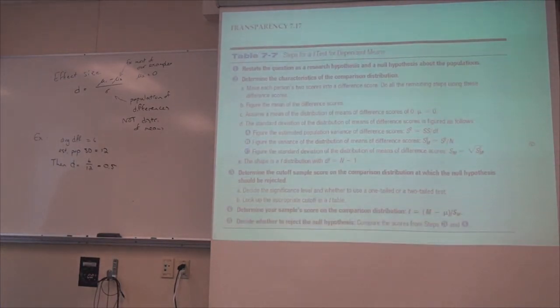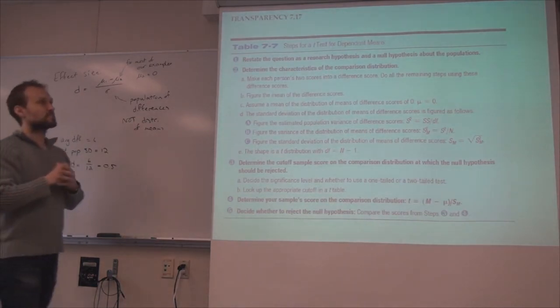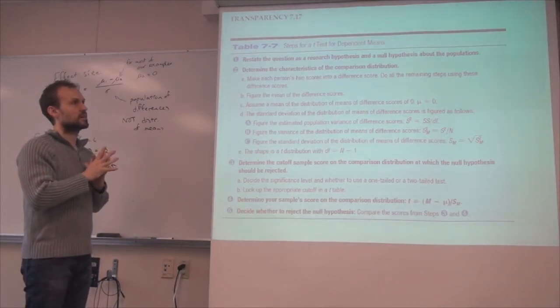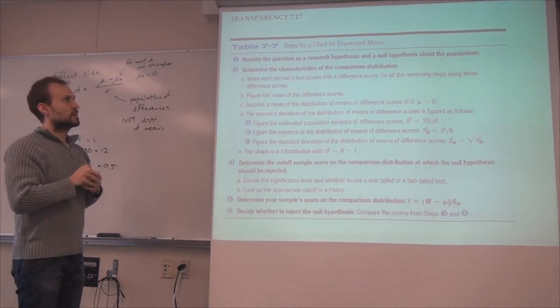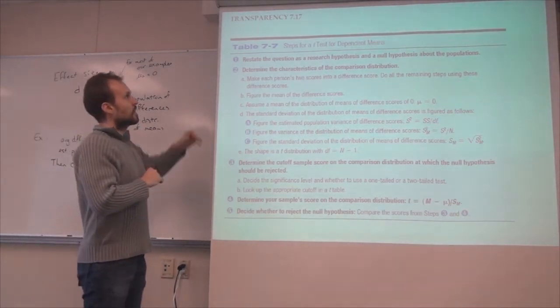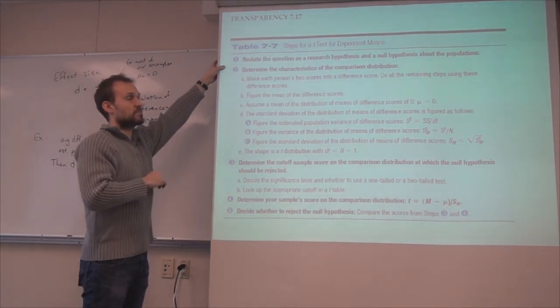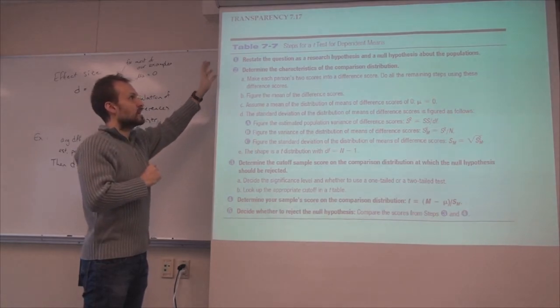All right, so just to summarize, when I have the t-test for dependent means, what is really different from what I've seen before, from a one-sample t-test? I have my research hypothesis and null hypothesis, very similar. I'm looking for difference or no difference.